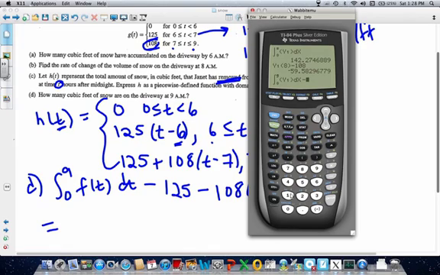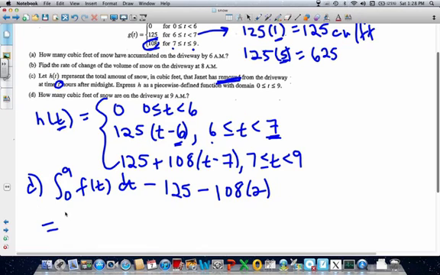Minus 125, minus 108 times 2 is 216. And here we get 26.335, or 334, depending on if you're truncating or rounding. I'll round. 26.335 cubic feet on the driveway.